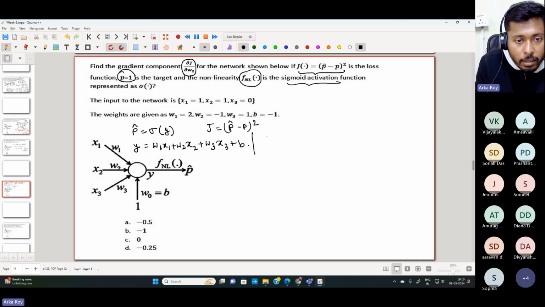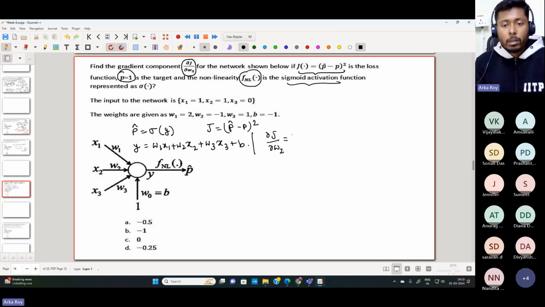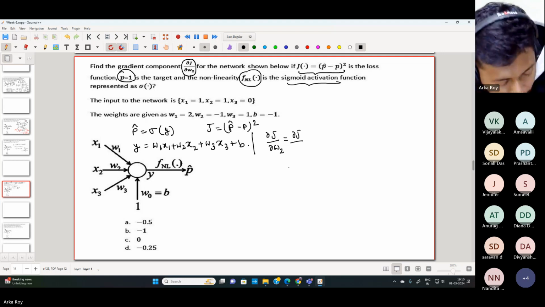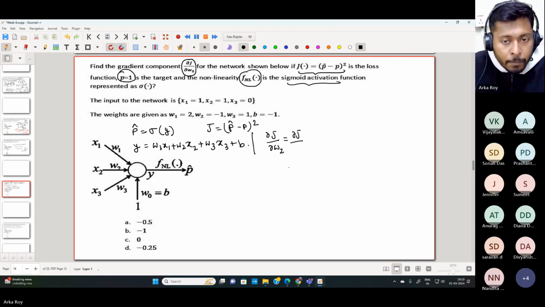So I can write del J by del W2. What will be the chain rule? Del J divided by del p hat, because p is given.